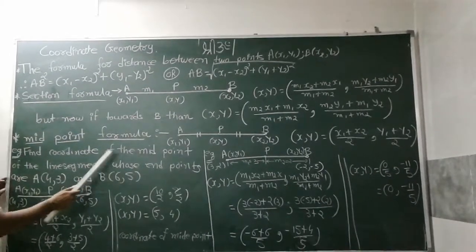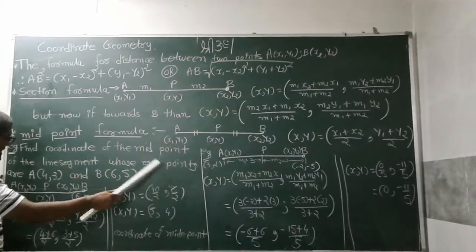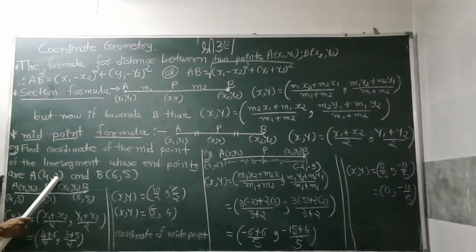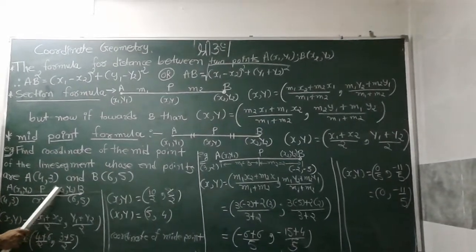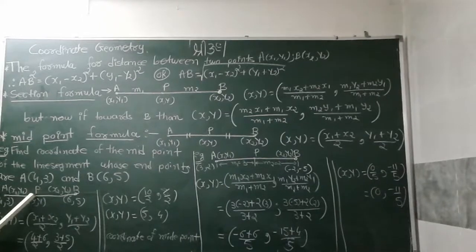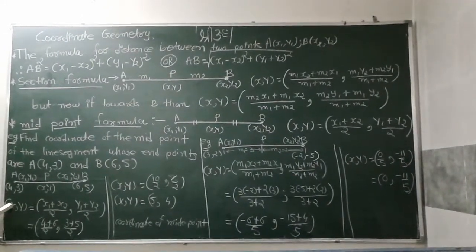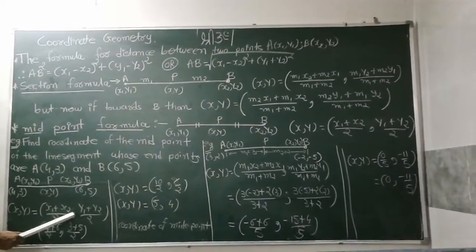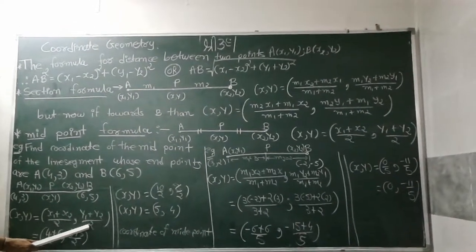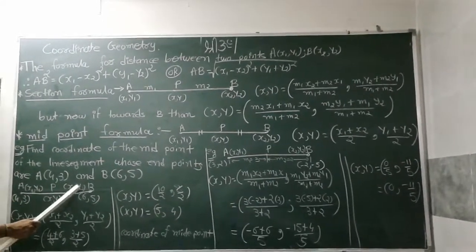Find the coordinates of the midpoint of the line segment whose endpoints are A (4, 3), known as (x1, y1), and B (6, 5), known as (x2, y2), and P is the midpoint. According to the midpoint formula, (x, y) is equal to ((x1 plus x2) upon 2, comma (y1 plus y2) upon 2). We substitute the values of x1, y1, x2, y2.